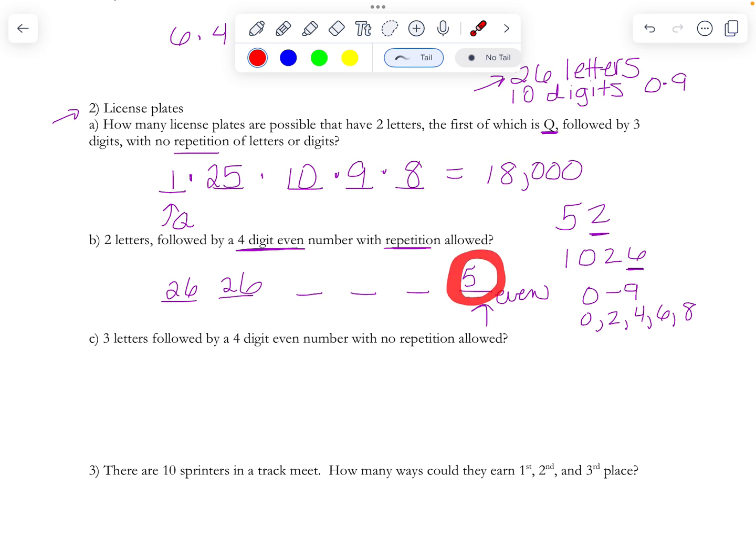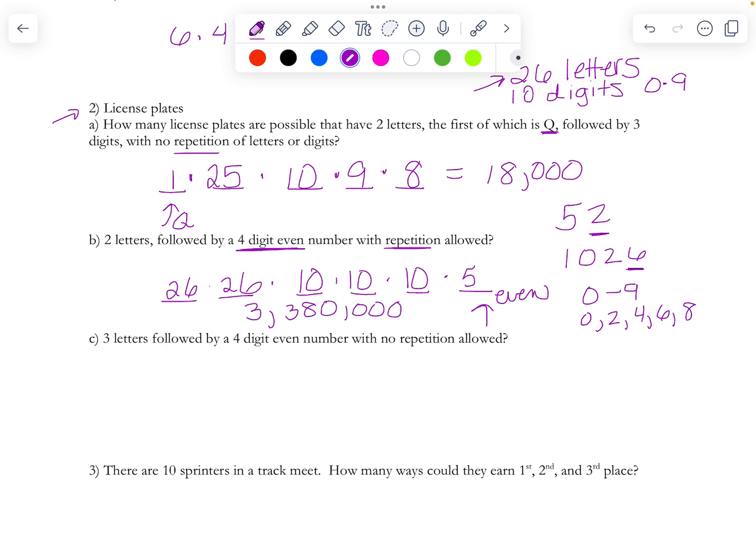Any other spot could be even or odd, and I can repeat, so I have 10 choices. Then I multiply all of those together, and I think I got something like 3,380,000.